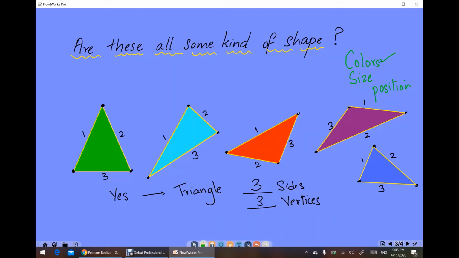And do you think all the sizes are the same? No. They are all of different size. And the position, do you think they are all in the same place? No, they all have different positions.